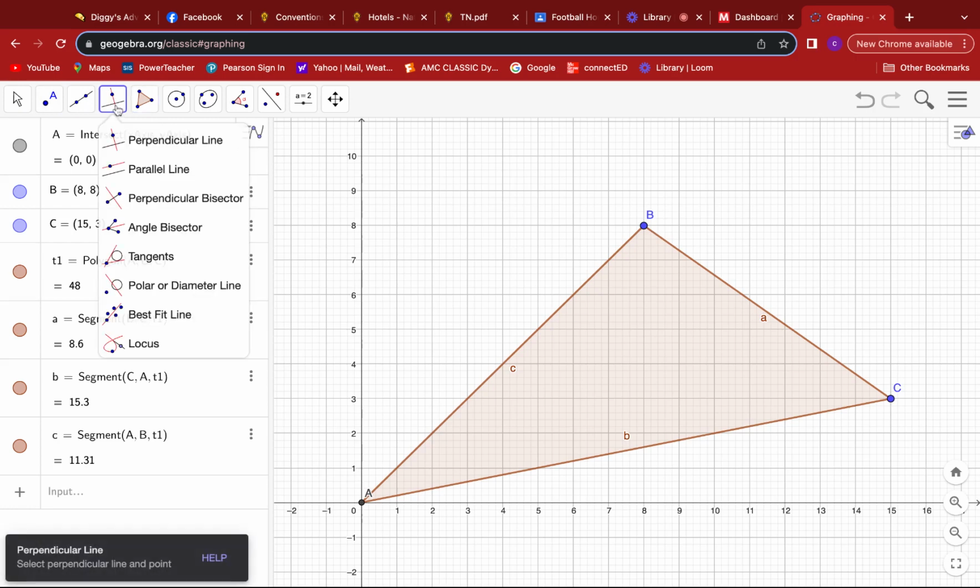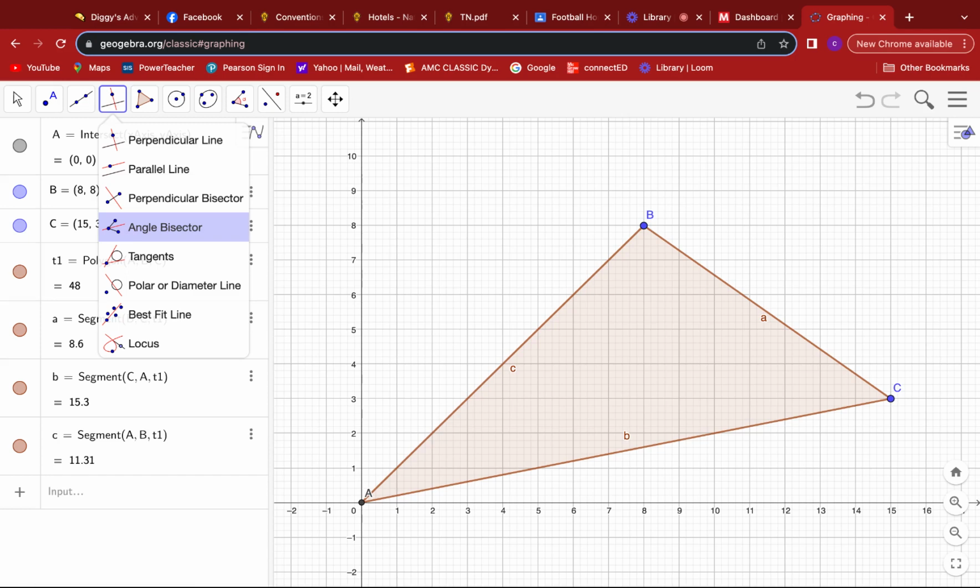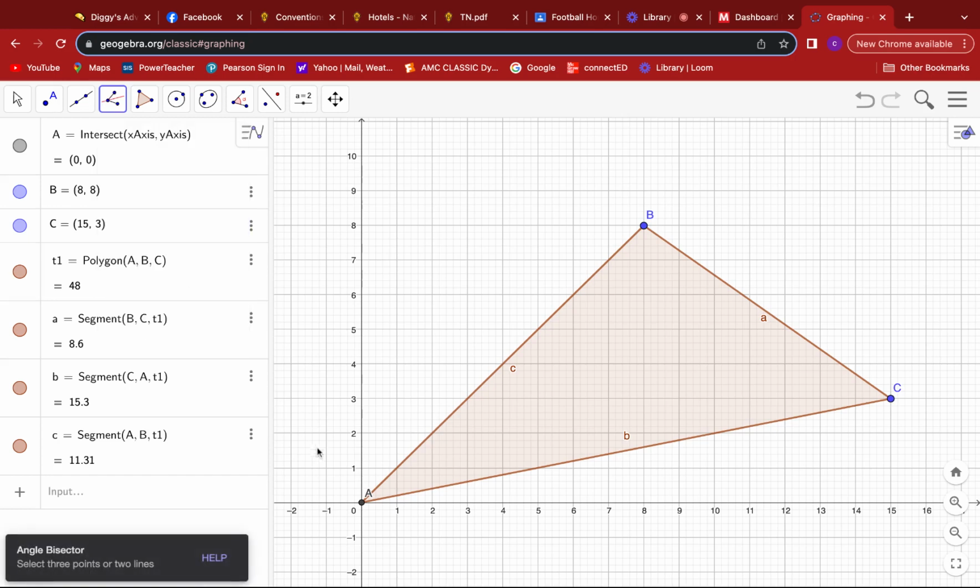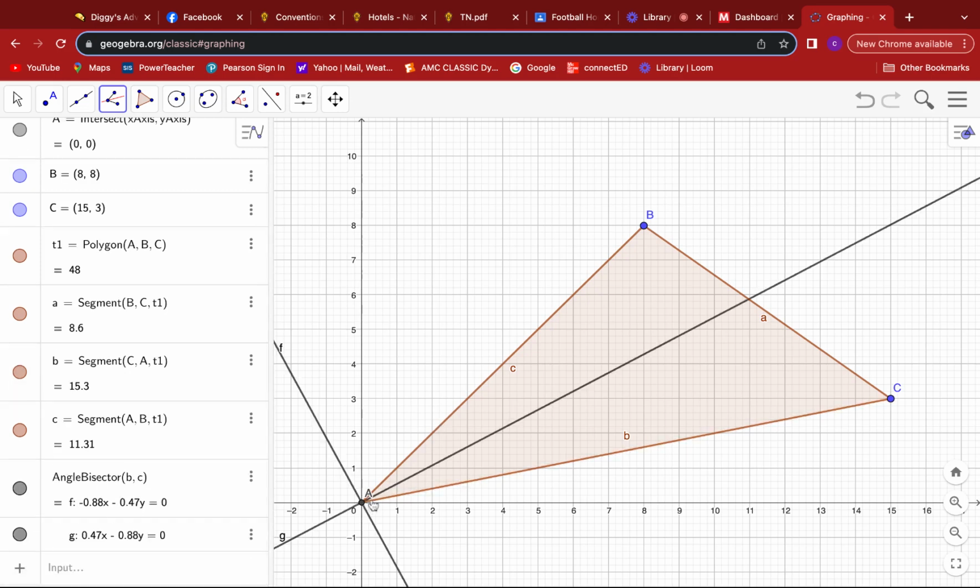This pulls up all of our tools for triangles, and I'm looking for angle bisector, which looks to be the fourth one down. Now I need to click on two lines so it understands which angle I want to bisect. If I want to bisect angle A, I'm going to click on side B and side C. And there's my angle bisector for A.